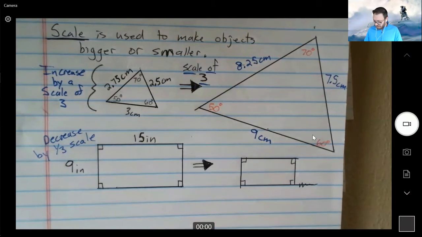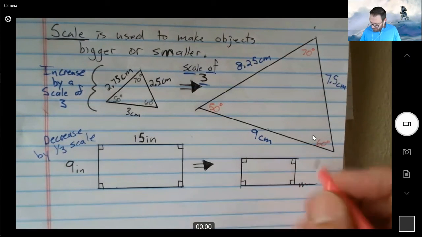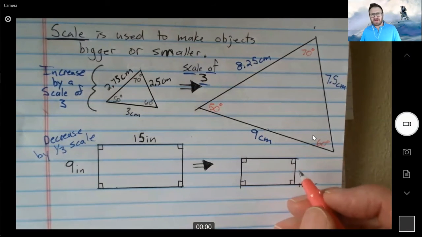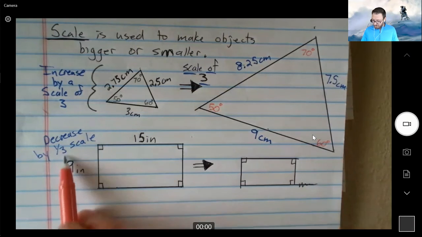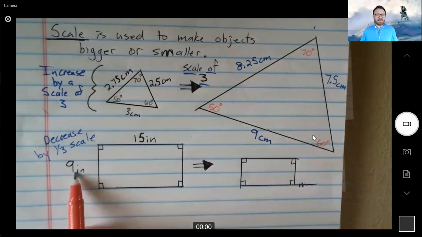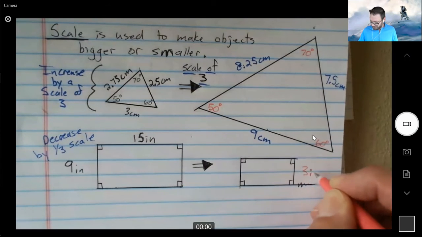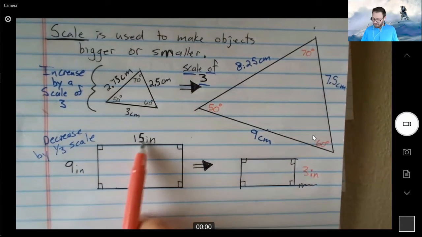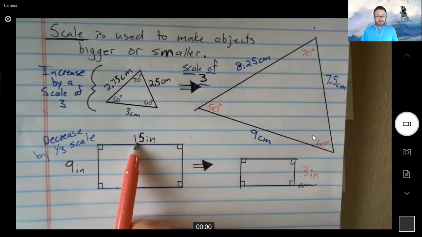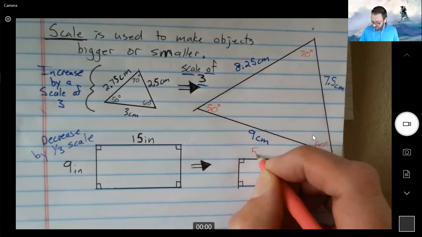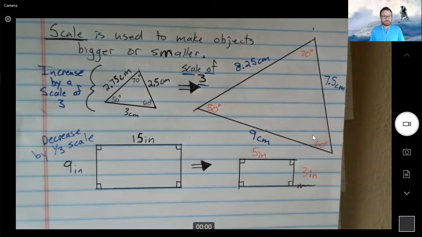You're basically saying this side is going to be 9 times 1/3. But when you multiply by 1/3, that's the exact same thing as dividing by 3. So really, 1/3 of 9 is the same as 9 divided by 3. So this would be 3 inches. Then 15 times 1/3 is the same as doing 15 divided by 3. This would be 5 inches. Okay, so nice job. And so that's how you would use scale.